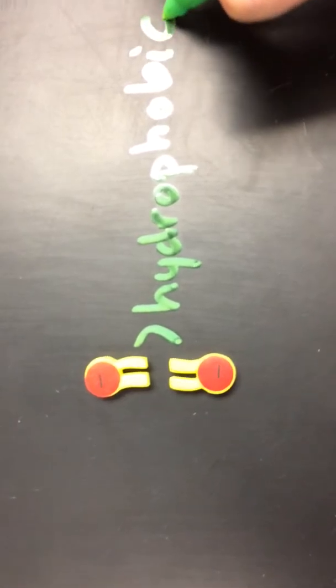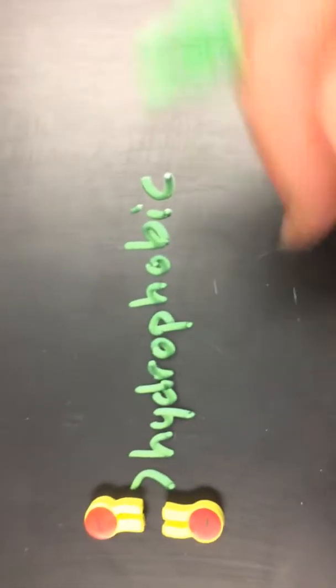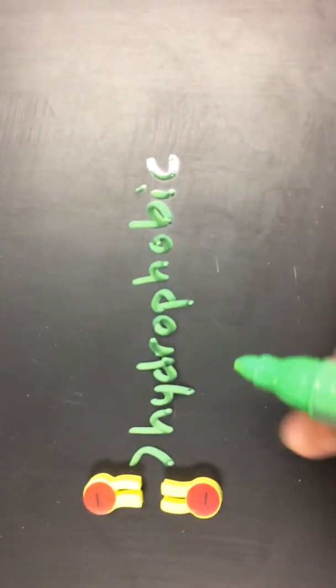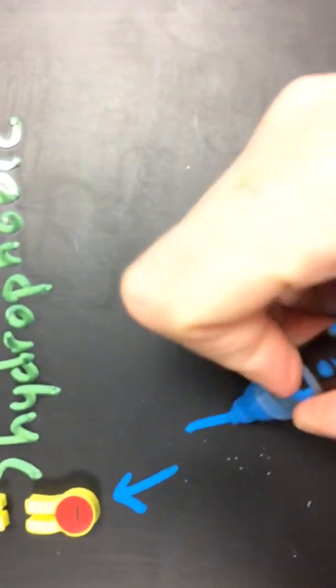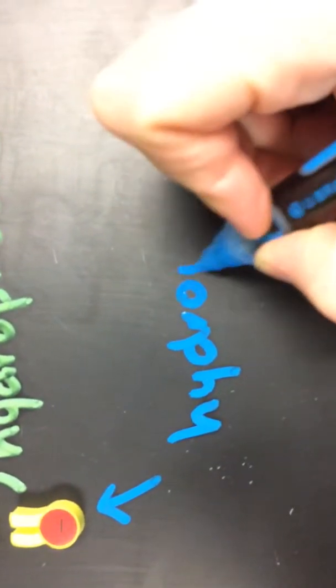So even though the name says scared of water, it's really just that the center tails don't like water, whereas the heads here are hydrophilic.